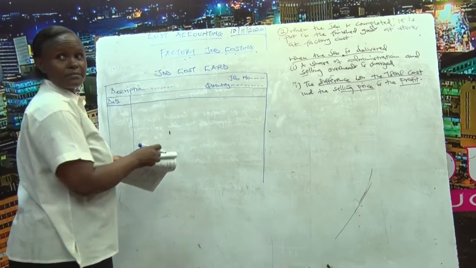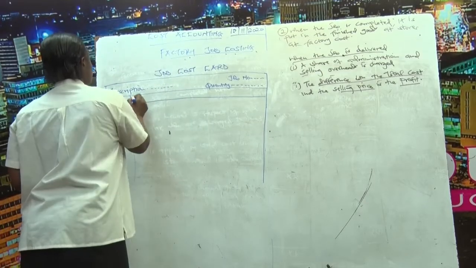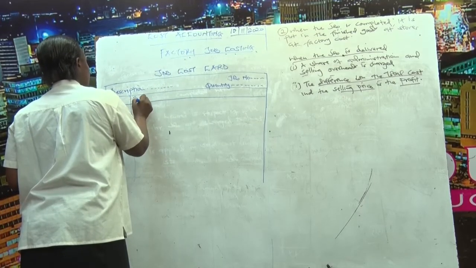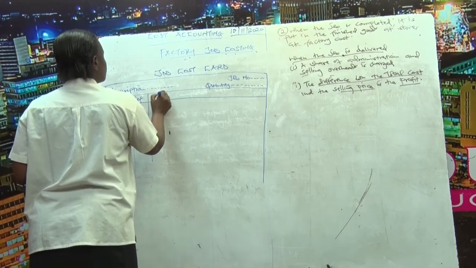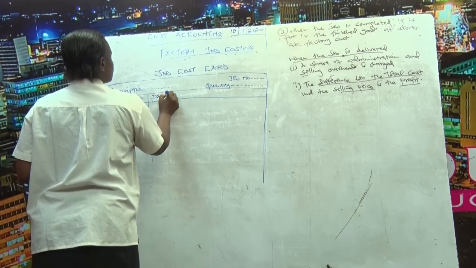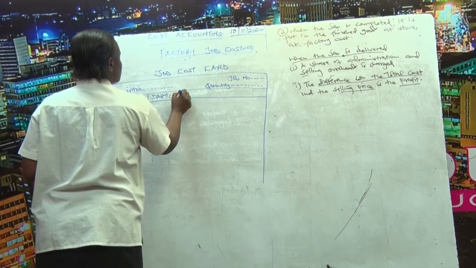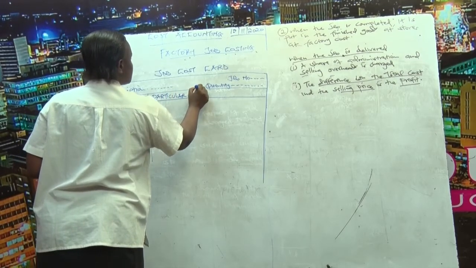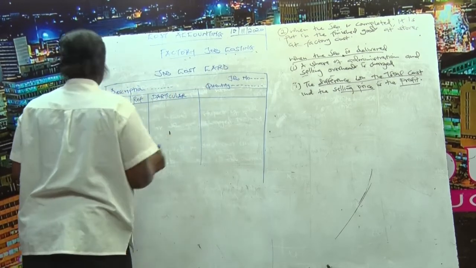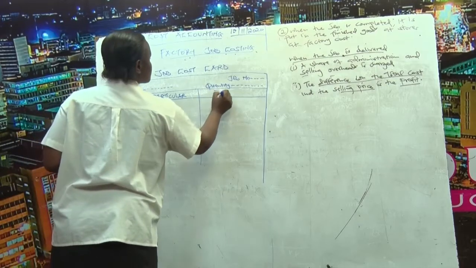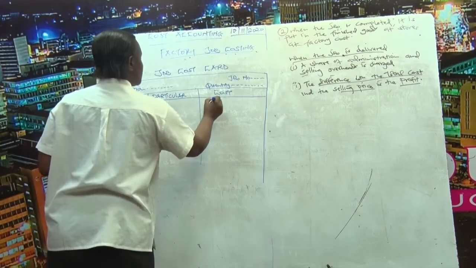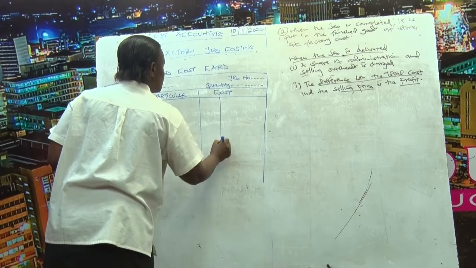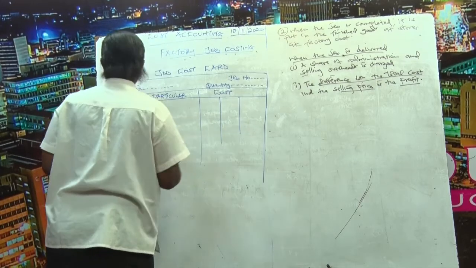You have the date, the reference number, and you have particulars, or you can call it details. Now we have the cost, the total cost. For you to get the total cost, you must understand the quantity, rate, and the amount.